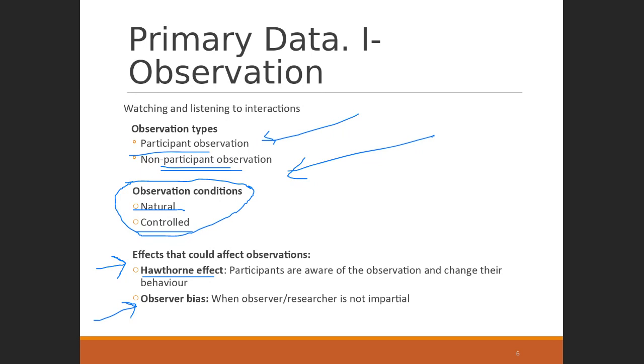Secondly, regarding the observer bias, if the observer, if you as a researcher, are not impartial, then you can easily introduce bias, and there is no easy way to verify the observations and the inferences drawn from them. Basically, when you are engaged in observer bias, the interpretations which you draw from the group activities will be largely influenced by your bias.